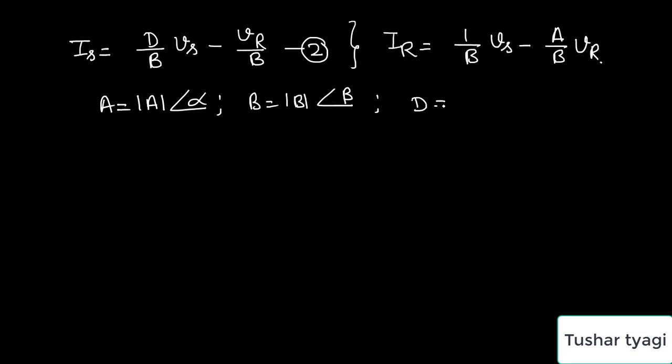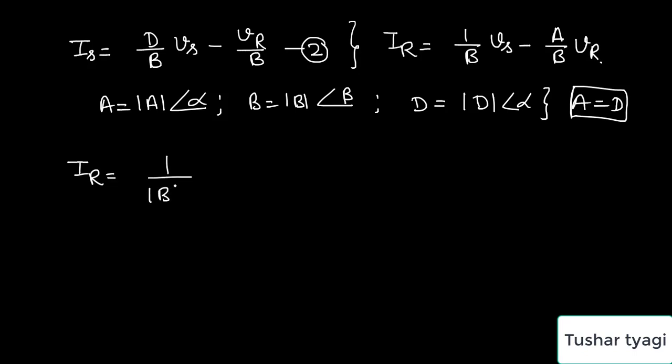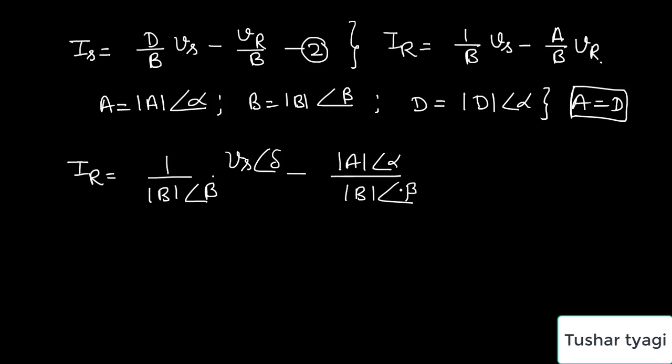And D is equal to mode of D angle alpha, as in transmission lines A is equal to D. So I can write this equation of IR by putting the values of all these terms in polar form. IR is equal to 1 upon mode of B angle beta, times Vs angle delta, minus mode of A angle alpha divided by mode of B angle beta, times VR.